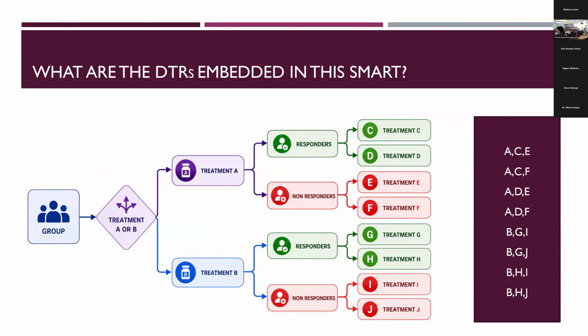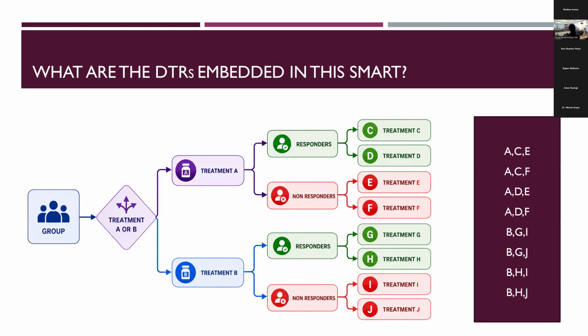For example, if I have a patient, he might go into treatment arm A, and then if he's a responder, he'll receive C. If he's a non-responder, he'll receive E. Or I can go into treatment A and it can be C and F. Or I can go into treatment A and it can be D and E. Or I can go into treatment A and it can be D and F, right? So these are just the treatment pathways that any single patient can go through. Similarly, these are the combinations for B.